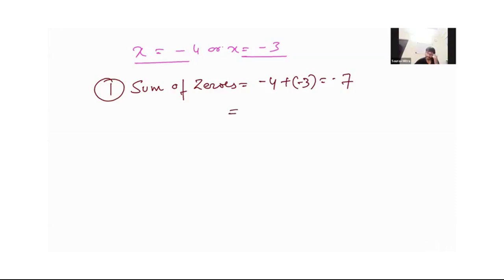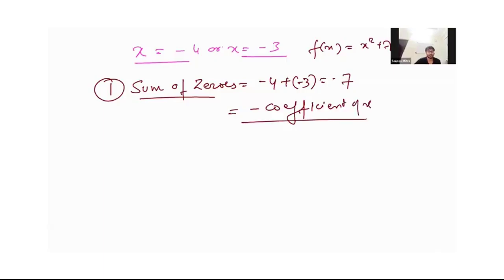According to the equation given, x square plus 7x plus 12, the sum of the zeros can be written as minus coefficient of x upon coefficient of x square.